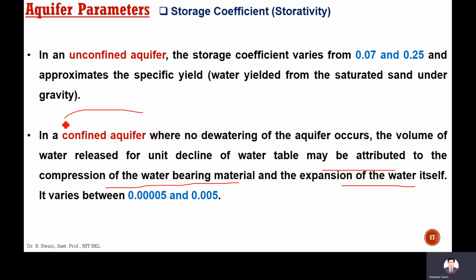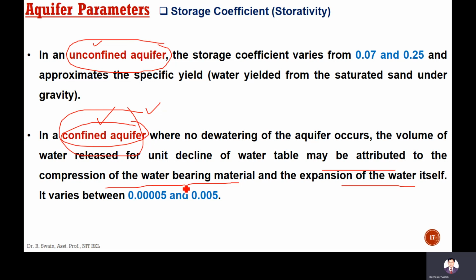This means in a confined aquifer, if we draw water, there will be more drawdown. For a particular constant drawdown, the volume of water we take out of the system will be less in the confined aquifer. In the unconfined aquifer, you get more water per unit drawdown; here you get less water per unit drawdown.